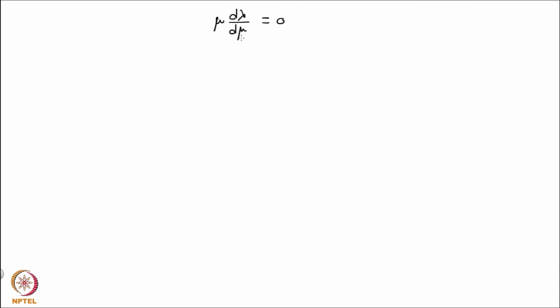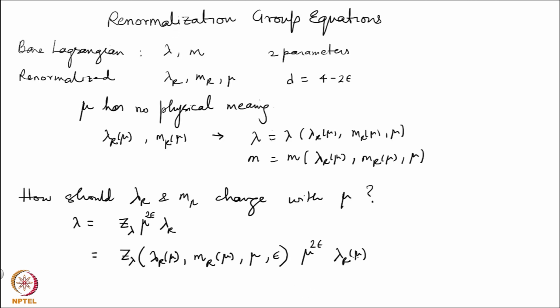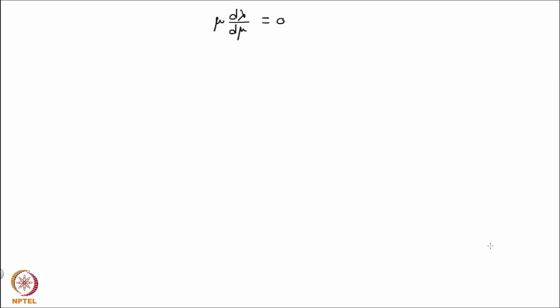Now what it means for the individual factors. I'll just take the derivative on the right hand side of this equation. So 0 is mu d lambda over d mu.